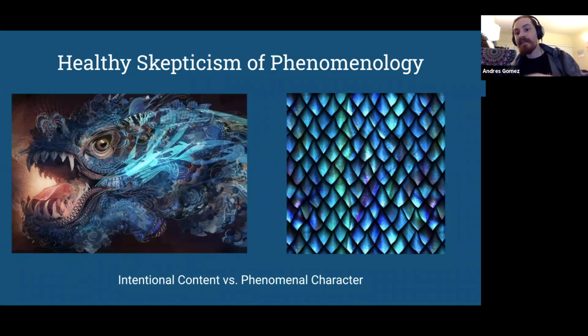On the other hand, if you describe, oh, and by the way, the dragon had scales that had a symmetry group of what's called the glide mirror symmetry group, and it had like a 17 hertz strobing effect, it's like, oh, okay, yes, we're getting more into the phenomenal character. You're actually describing what it felt like, not only what it was about.